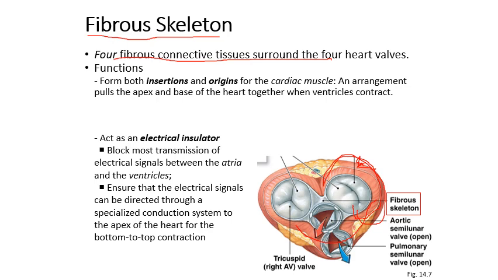And then one other key factor is it acts as an electrical insulator, because we're going to be spending time on the electrical properties of the cardiac muscle, its action potentials. This insulates the atrium from the ventricles electrically. This is going to be a key component in the way in which the heart beats.